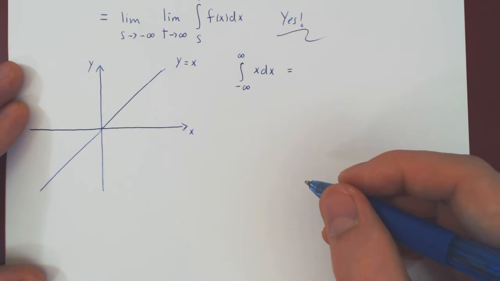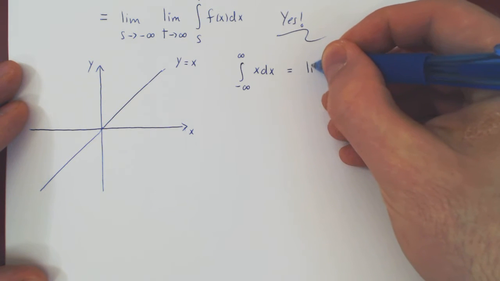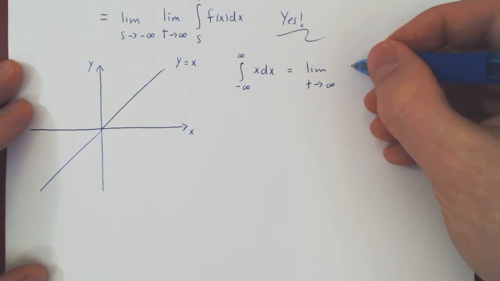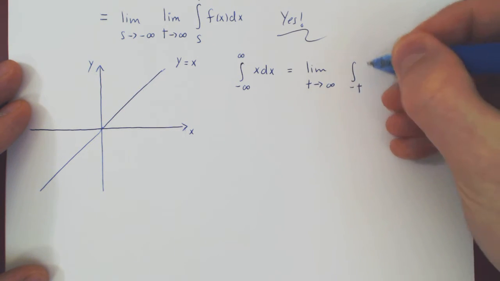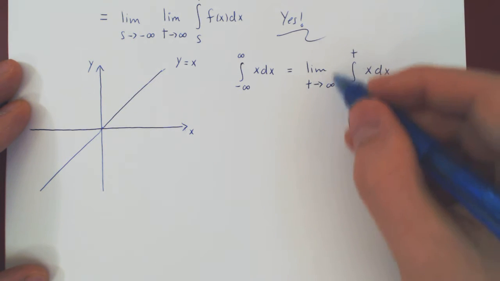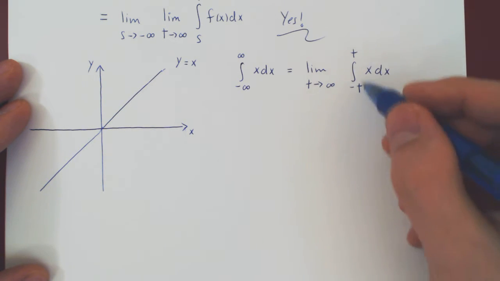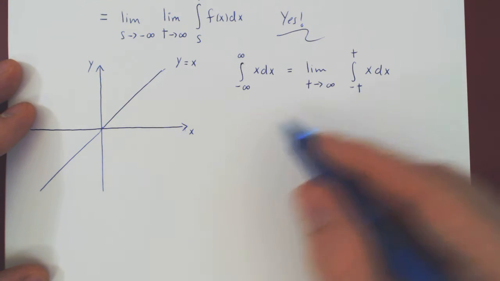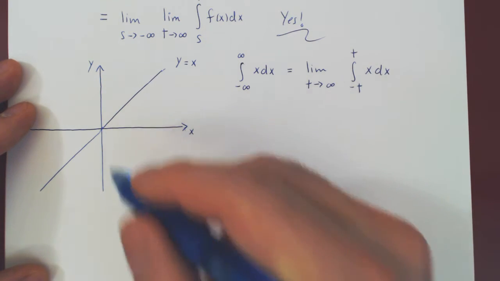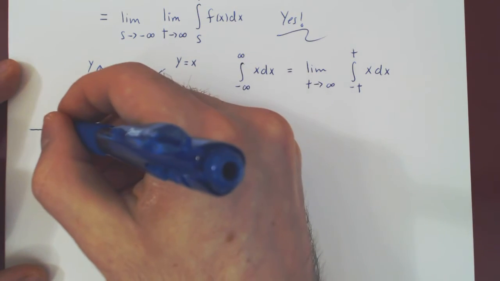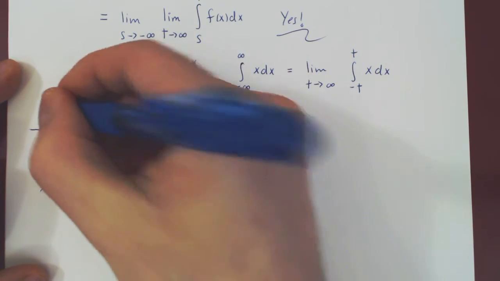If we go with our naive definition, we let t approach infinity, and we integrate from negative t to t of x dx. Well, let's look at this geometrically, and we'll see that we already know the answer without doing any further work. So our interval is symmetric about 0. So we go up to t and negative t.